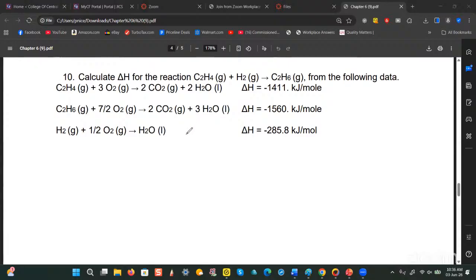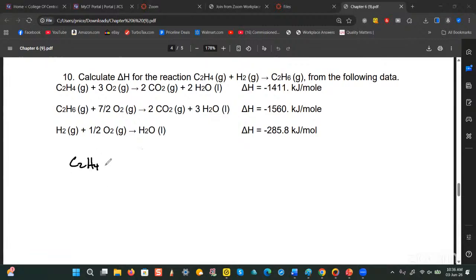First equation remains the same. Exactly, because you have C2H4 here, C2H4 here, and it's 1 on the left side, so I'll just rewrite this equation here.